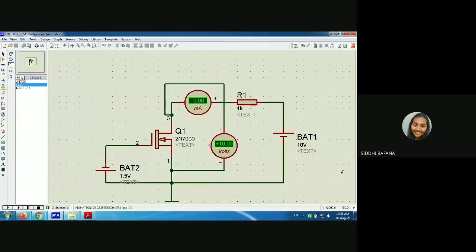So if you have any doubt or are not getting what exactly is happening with this N channel E MOSFET, how it is working or how it offers the transfer characteristic, you just ask me. Otherwise, we will switch to the next topic. Is it okay? Shall I switch to the next topic?